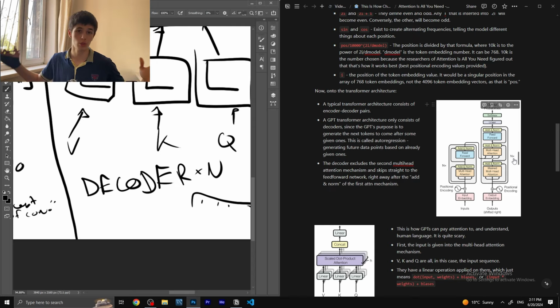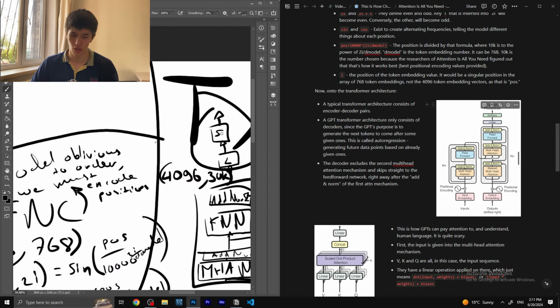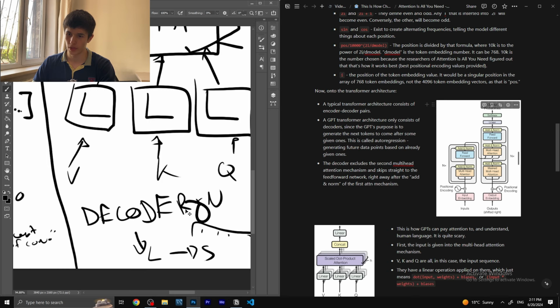In a GPT, there's a decoder there, then a decoder there, then a decoder there, many of them actually, in order for the GPT to understand more comprehensively. And only after the decoder stack has been completed do the linear and softmax operations that we've looked at up here occur. Okay, so just keep that in mind.